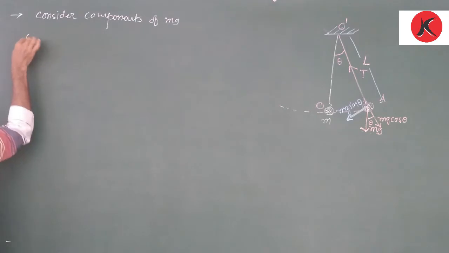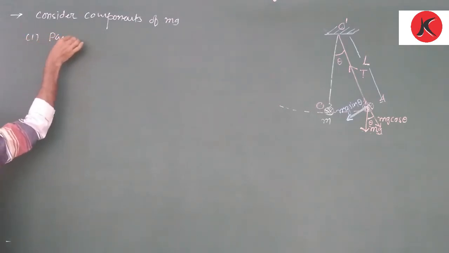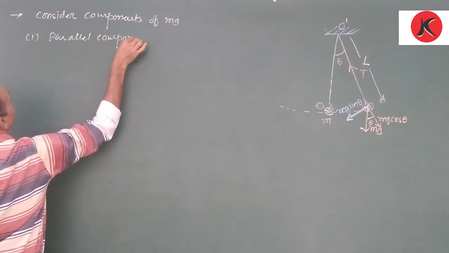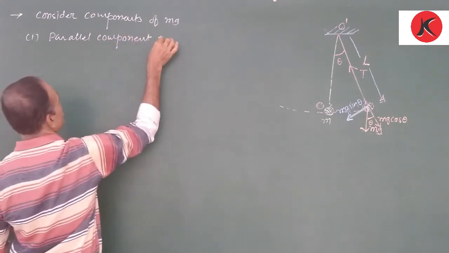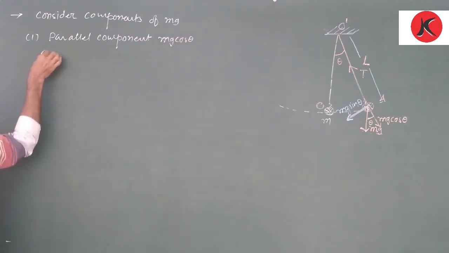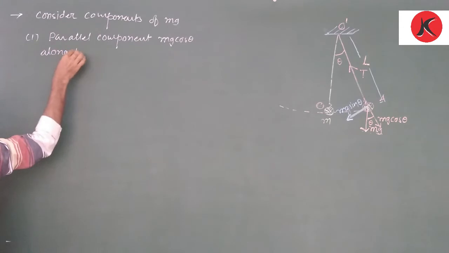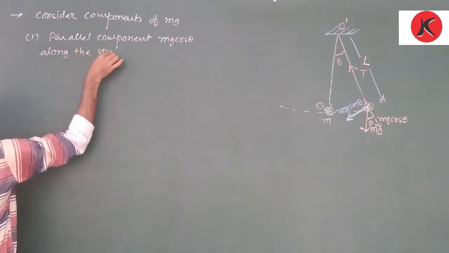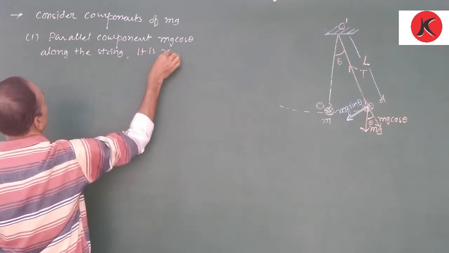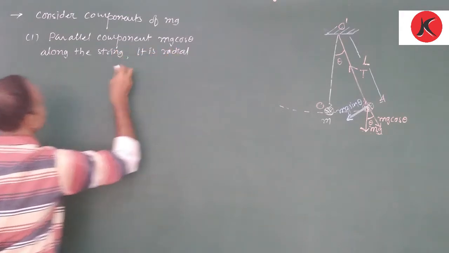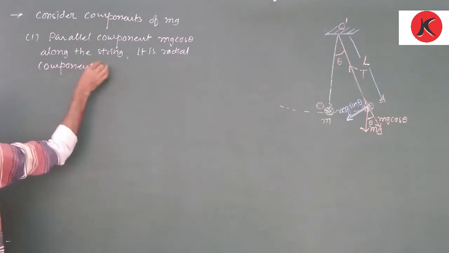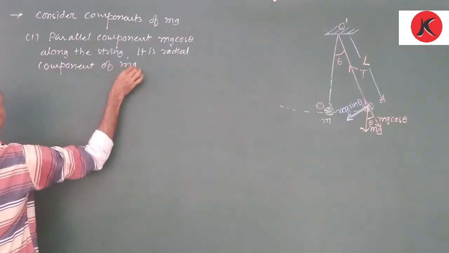First is the parallel component mg cos theta along the string, it is the radial component of mg.